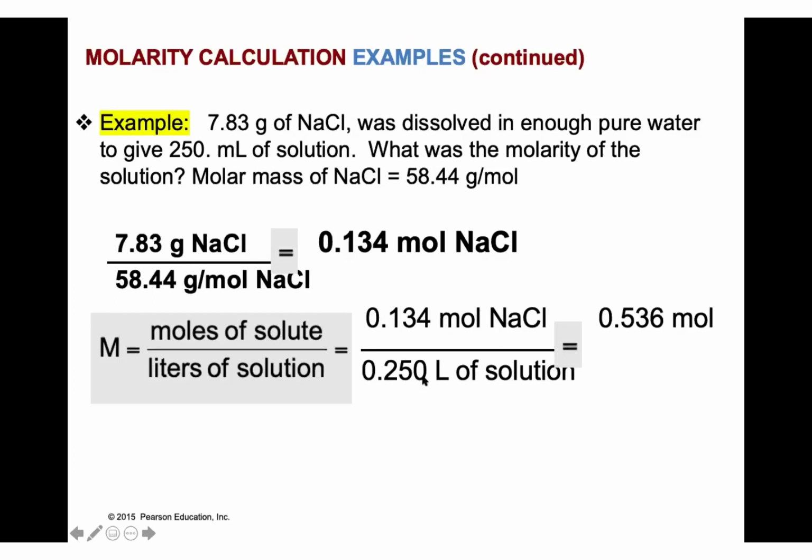Then I'm gonna put it on top and calculate the moles of NaCl. So make sure if you see a gram, first convert to moles, and in the bottom should always be liters of solution.